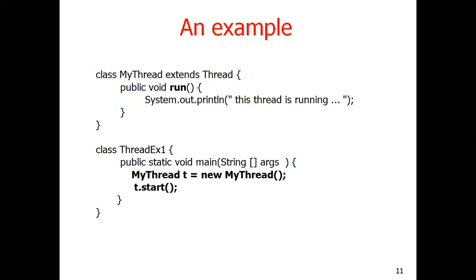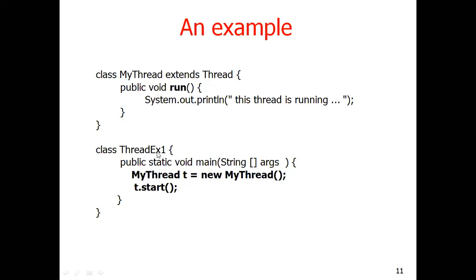Let us see an example for that. Here, class MyThread extends Thread. With the syntax which I have given, I am just adding a few statements inside the body of the run function as well as in the main. In run, System.out.println prints the statement that the thread is running. This is a separate class which has a main method.